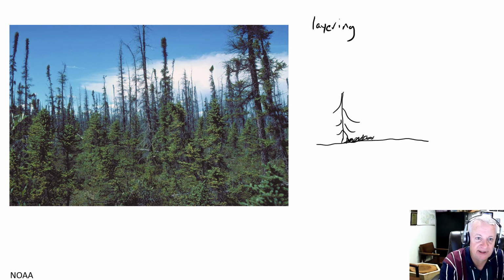And when that happens, those branches that are covered produce roots and shoots and actually will produce a new tree. Obviously, that's a clone. It's genetically identical to the mother tree, and that is layering.